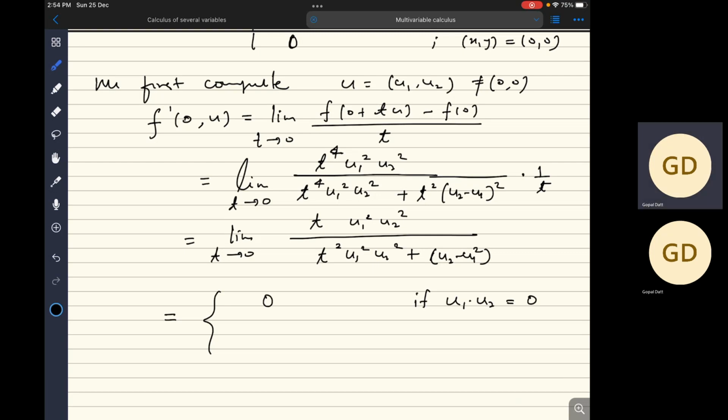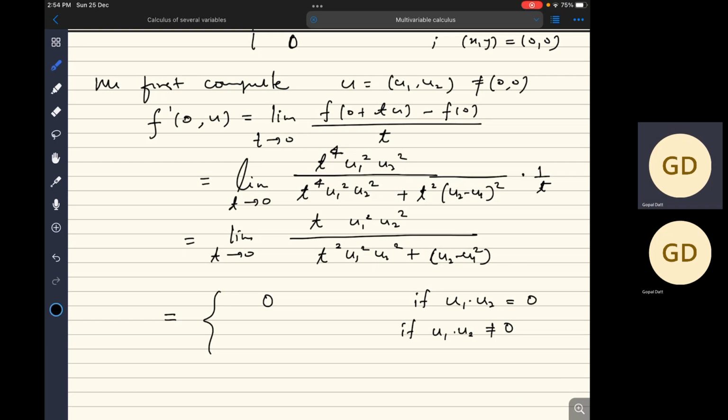If u1 u2 is non-zero, we have to take two cases.